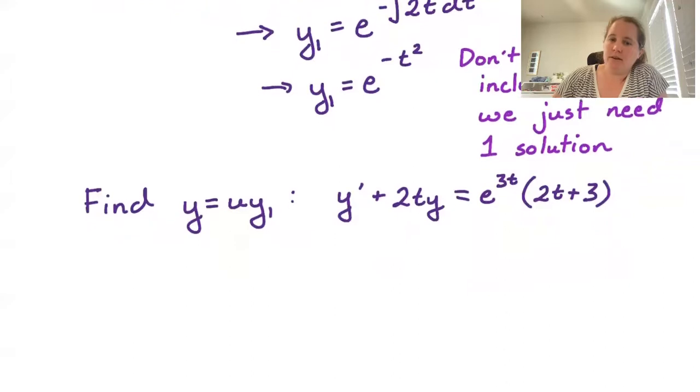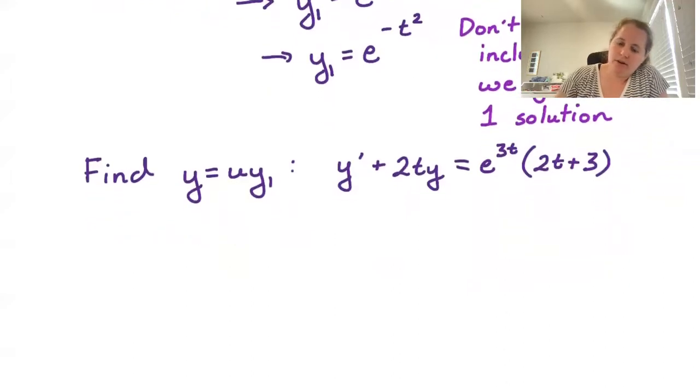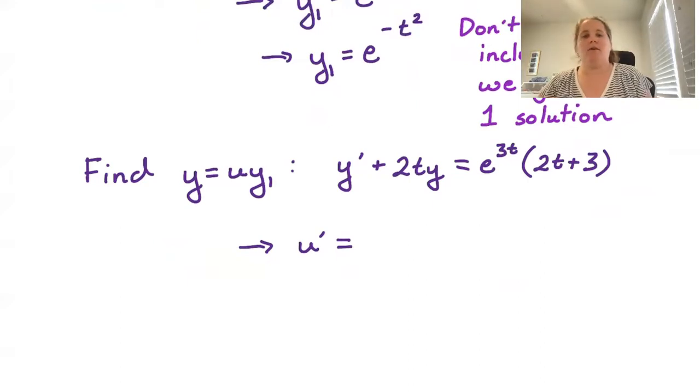So from here, again, recall that u prime has to equal our g of t, so e to the 3t times 2t plus 3, divided by our y1, or e to the negative t squared.